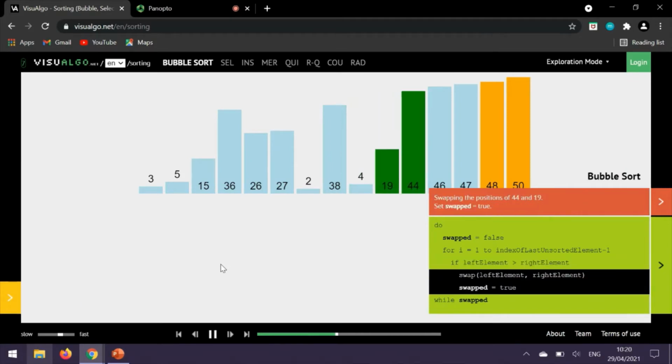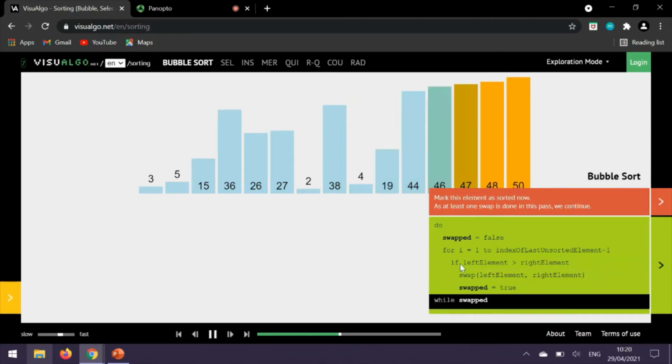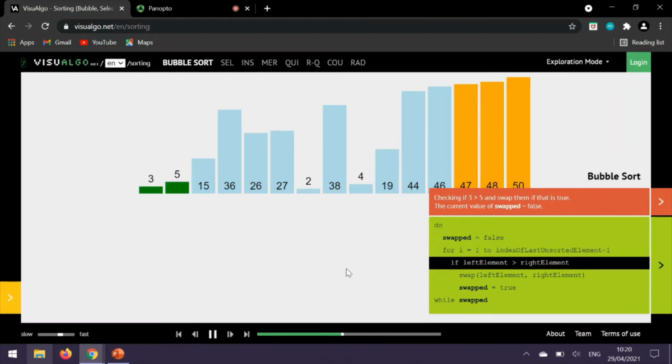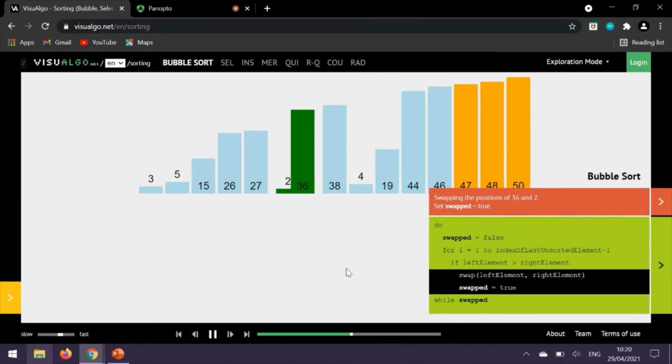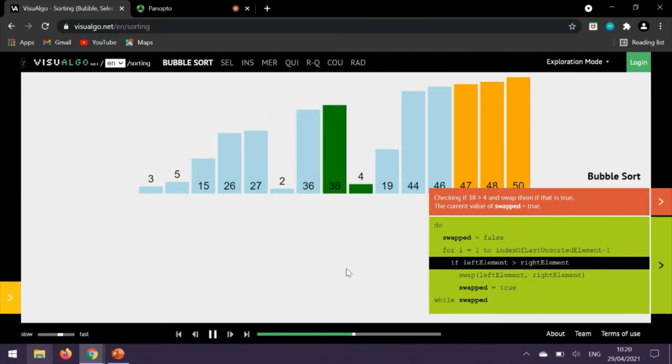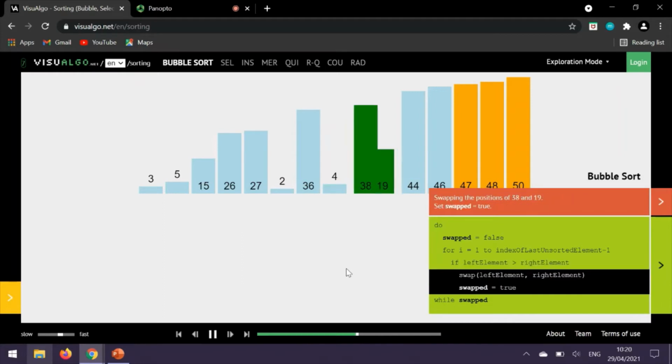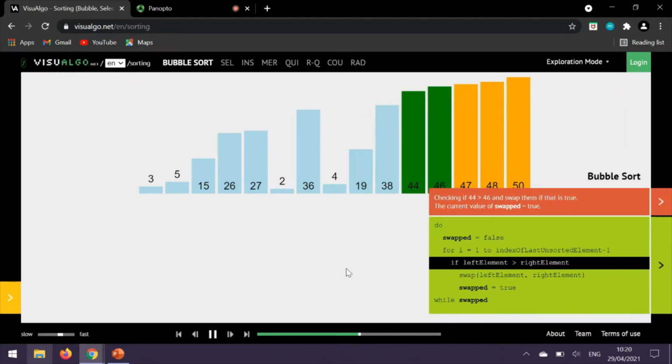I also urge you guys to maybe take a screenshot of this pseudocode and try writing it in the language of your choice. As you can see now, we're starting to get more of a pattern from low to high.